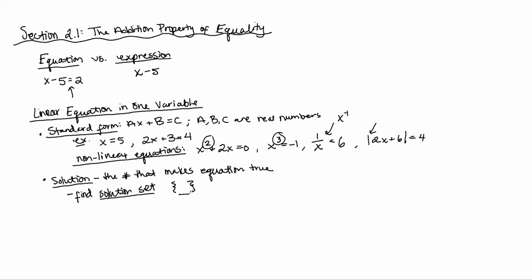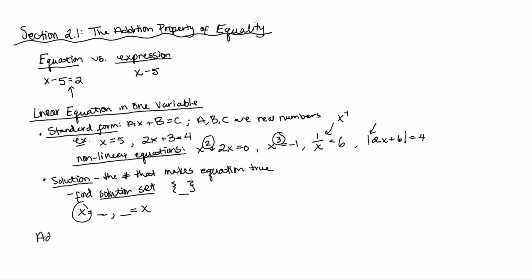We'll see what that looks like, but you don't have to do that in the future, depending on what your professor requires. If you end up taking Math 96 with me, for example, you don't have to write your solutions like this, but it will show up like this on the homework. What it'll normally look like is x equals some number, or some number equals x. It can end up on either side. Just make sure that the x is by itself.